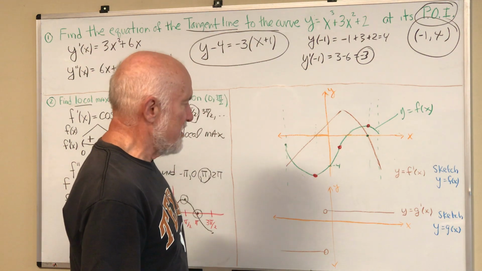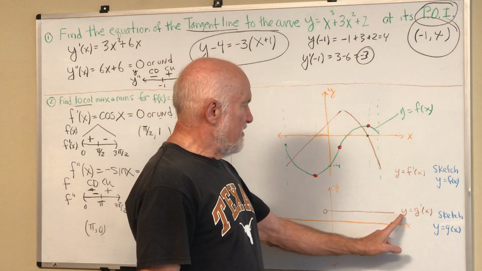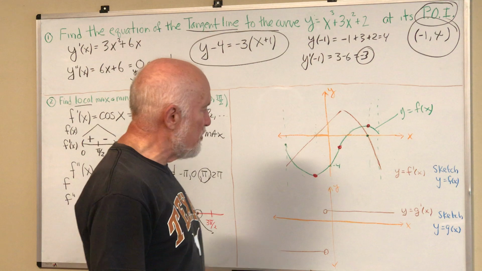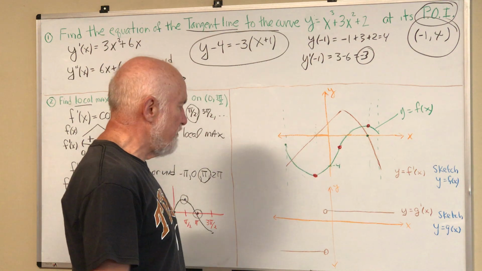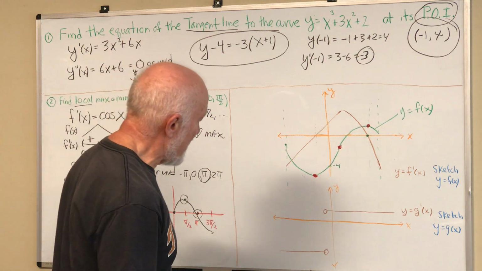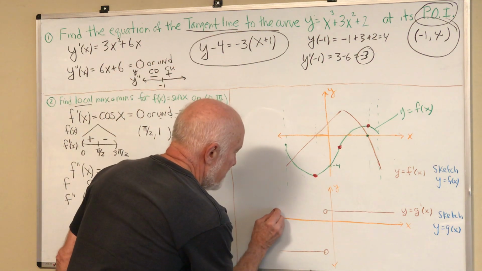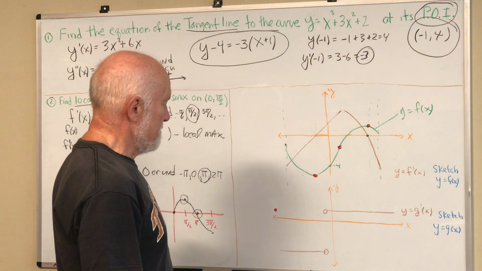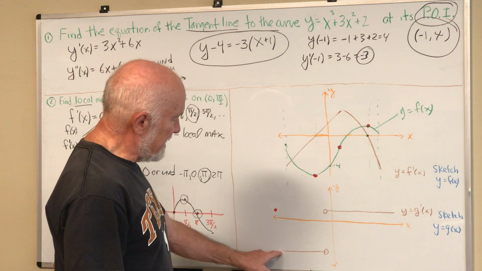Let's try one more. This time, y equals g prime of x is this brown graph, and we're trying to sketch the function. Again, we're not sure exactly where it is on the graph, so let's just start right about here. Now, what do I see at the beginning?